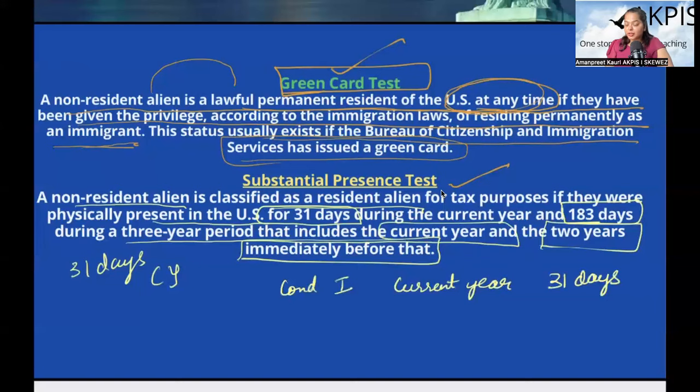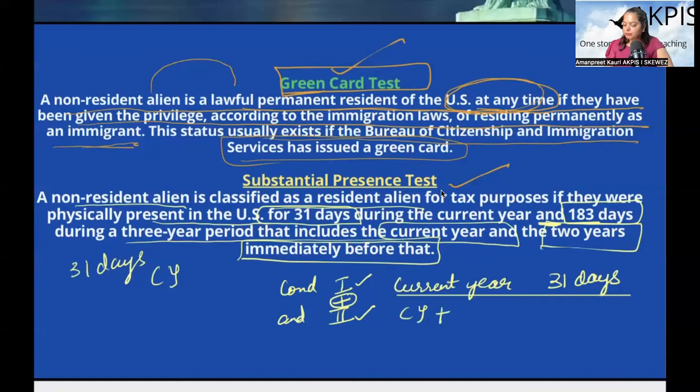Along with this condition, you are also supposed to comply with the second condition as well, because here it is "and" and not "or". Both the conditions need to be satisfied, only then will the substantial presence test be satisfied and given a positive affirmation.